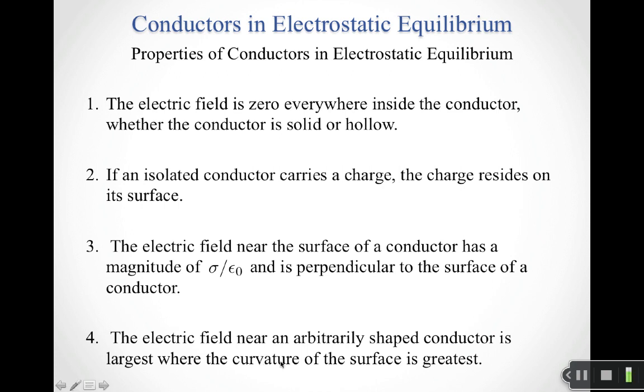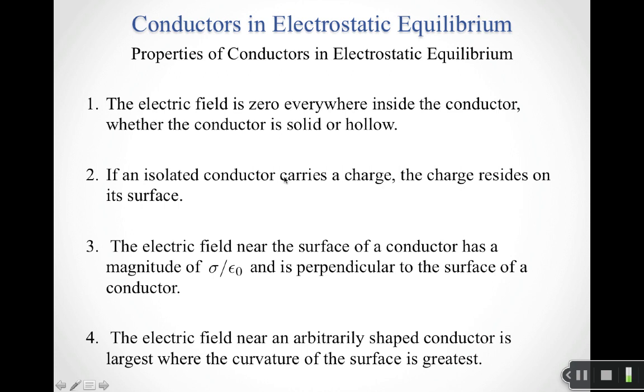It's pointy, it's not flat here, it curves very quickly. That means more charges will be able to collect within that curved region than over the flat region. And so you'll end up with a larger surface charge density and a stronger electric field.